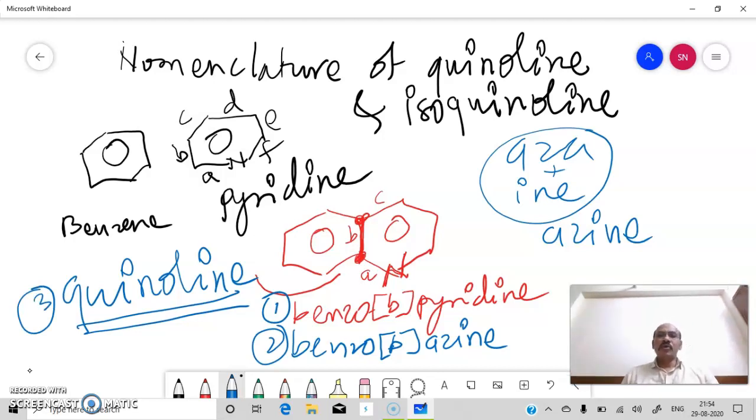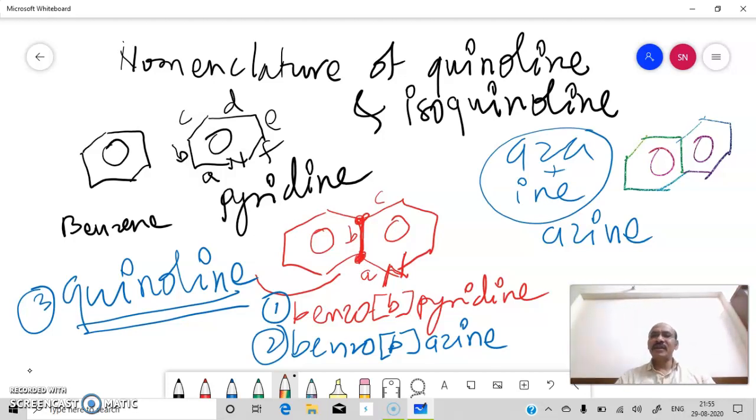Okay. Furthermore, we can write the same molecule with a fourth name. For that, I am drawing here naphthalene. What is it? Naphthalene. And one carbon of that naphthalene, if I replace it with nitrogen, then it is a derivative of naphthalene, and nitrogen is there at position number 1, 2, 3, 4, like this.